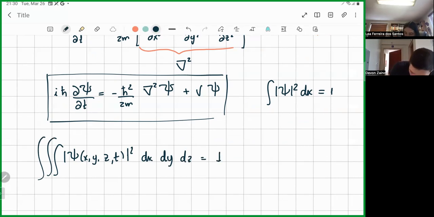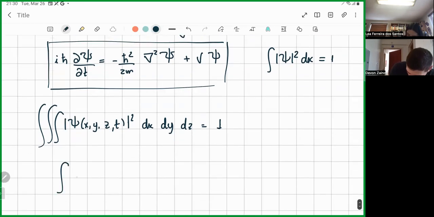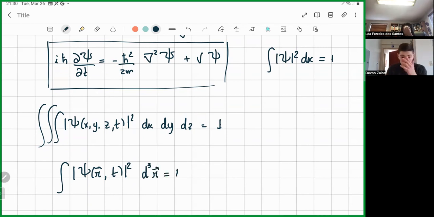Again, to make your life easier, we can write it as an r and say that this is the integral in all of the components. But this is just notation. Okay, but you have to be careful. If you're going to normalize, you have to do the integral in all 3 directions.